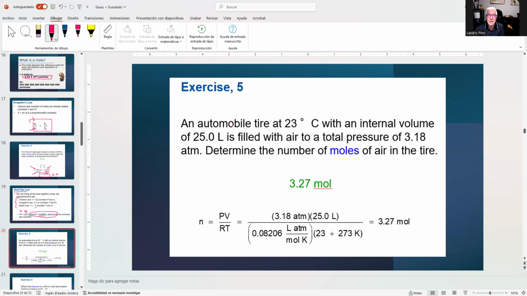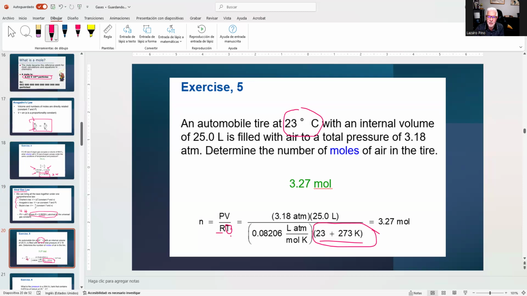Let's do this exercise. An automobile tire at 23 Celsius. Well, the first thing that you're going to do is convert 23 into Kelvin using this formula. Look, temperature.